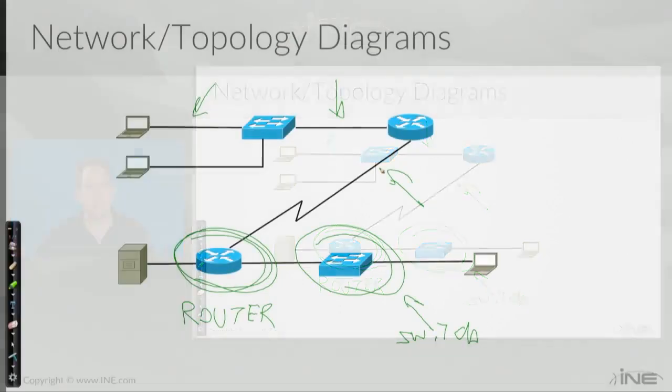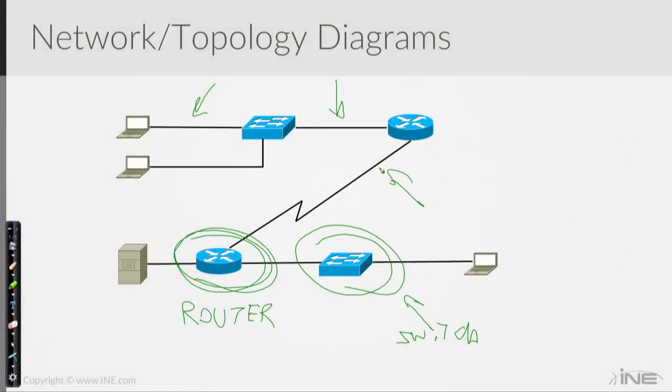In order to be a decent network topology diagram, you would have to know what these types of lines represent. In many cases, not always, so you'll have to seek clarification when you're looking at your own network topology diagram, usually straight lines represent Ethernet connections, and these broken lines here represent serial connections.